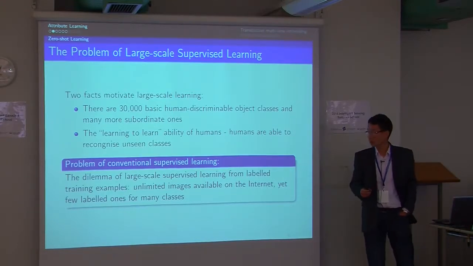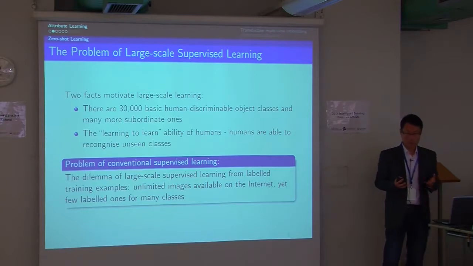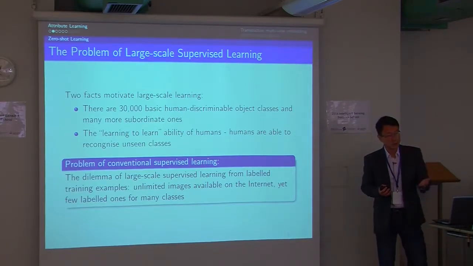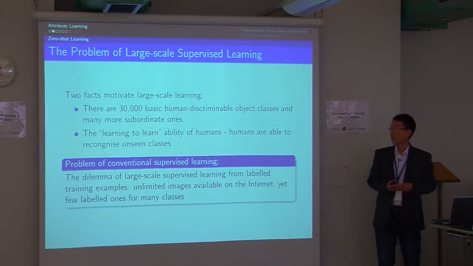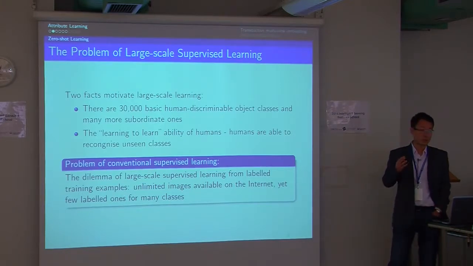Why do I want to do large-scale learning? Even 5 to 10 years ago, computer vision researchers looked at basic problems like object recognition, and people still looked at 20 classes for object detection or 200 classes for object classification. So it's pretty small scale.